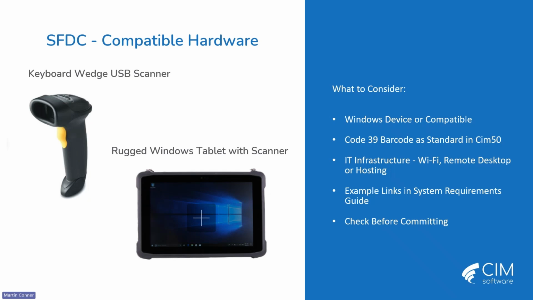But what we would say with the hardware is, just check before committing to anything, because it makes sense to check that it will be compatible before you spend some money, because a rugged tablet or barcode keyboard wedges can be quite expensive depending on how high you want them to bounce. So we wouldn't want you to go down a route which wasn't compatible. So please check.